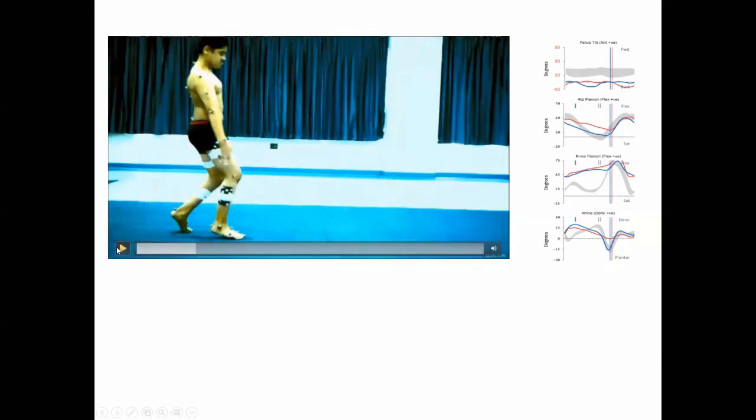It is not going anteriorly. There are two types of crouch. Crouches where the trunk is aligned to the feet. Here we can see that the trunk is aligned to the feet. If I draw a straight line, it goes in between the feet. So that's a type of crouch.